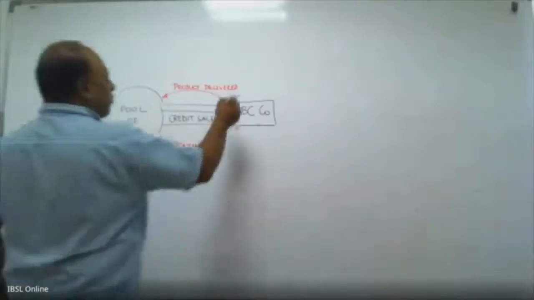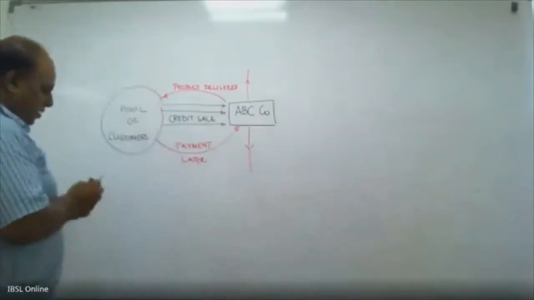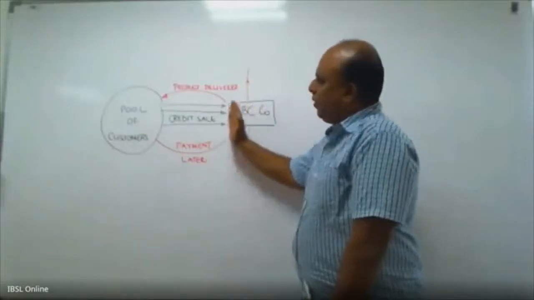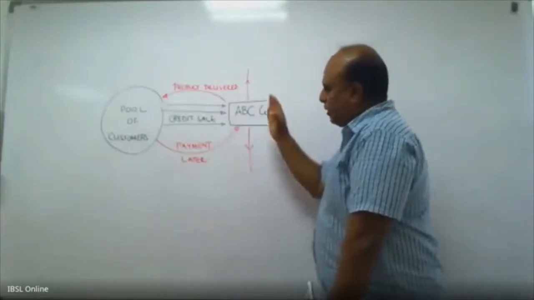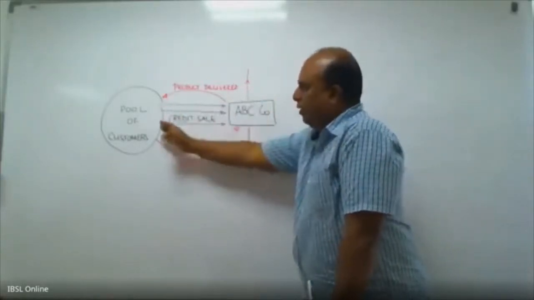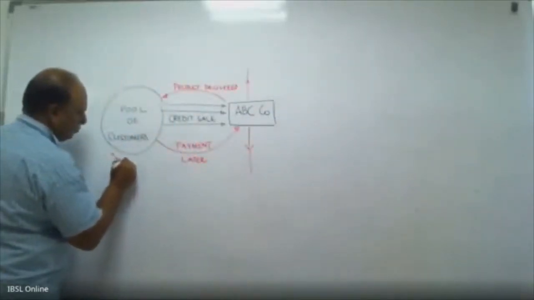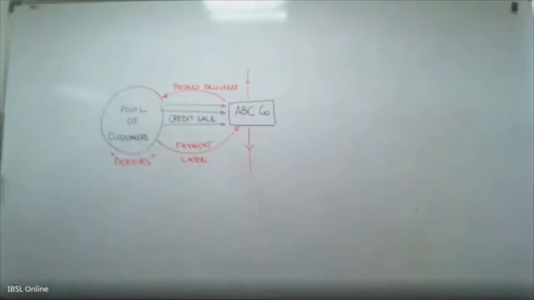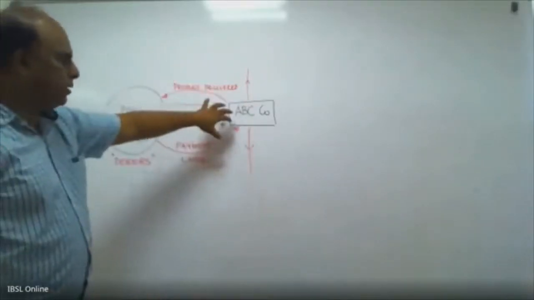Now I am looking at it from the point of view of ABC company. For ABC company, all these customers are debtors. Is that clear? ABC company is the business. All these customers are doing credit sale with the company.